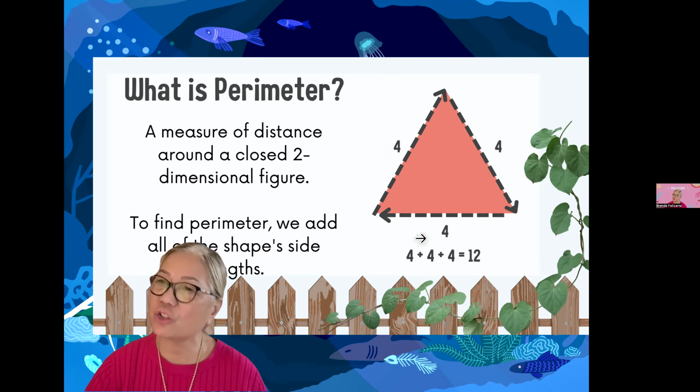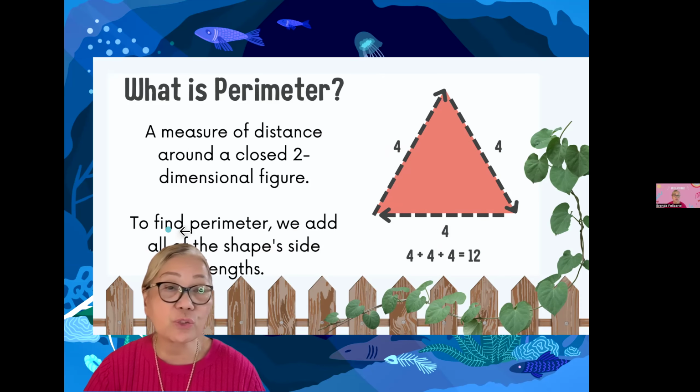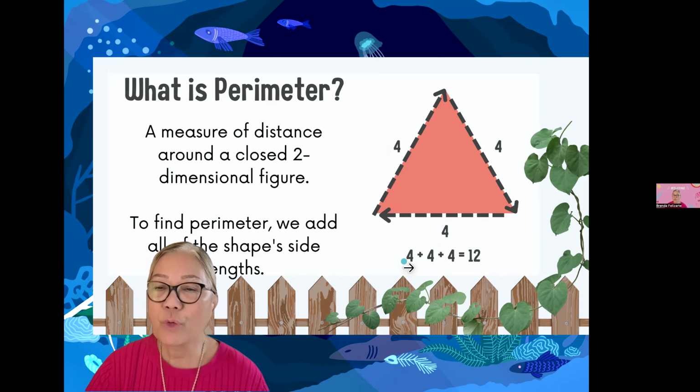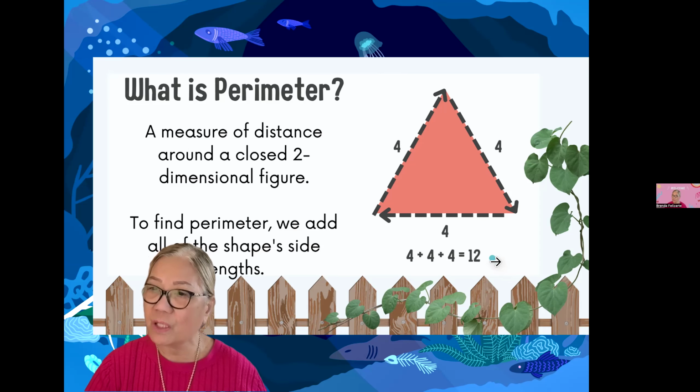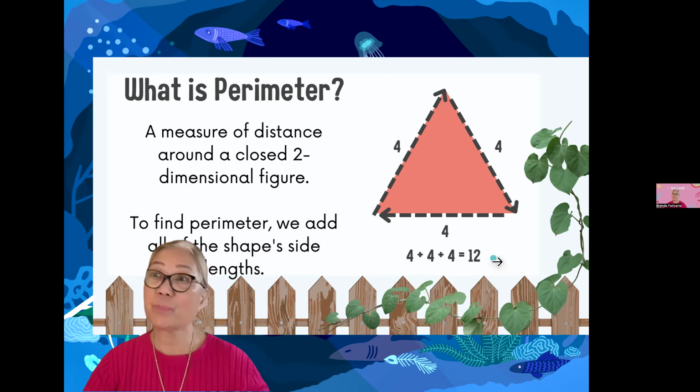So you have 4 centimeters on each side. Using the formula, we have 4 plus 4 plus 4 equals 12. So that is 12 centimeters. That's the perimeter. Easy, right?